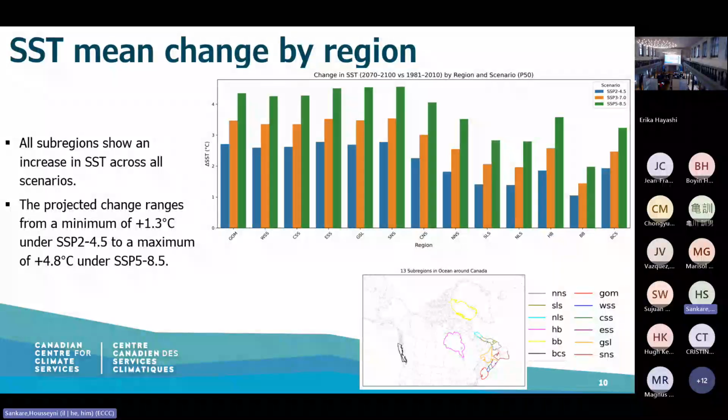Across all scenarios and subregions, SST is projected to increase, with a magnitude of change directly linked to the emission scenario.